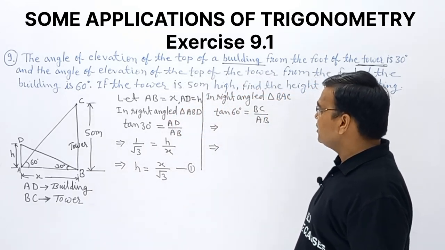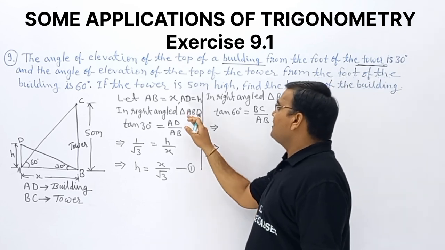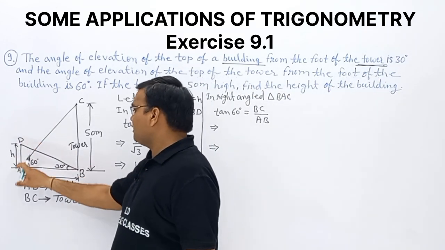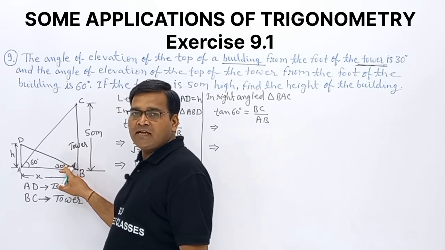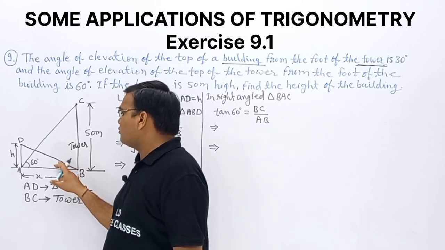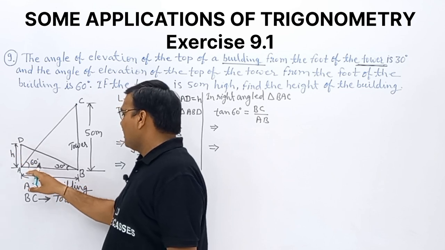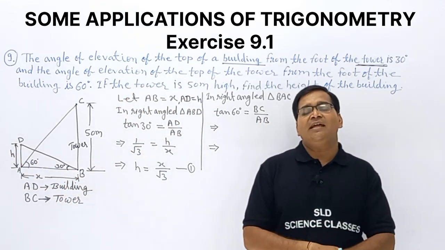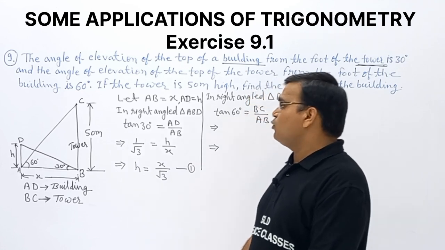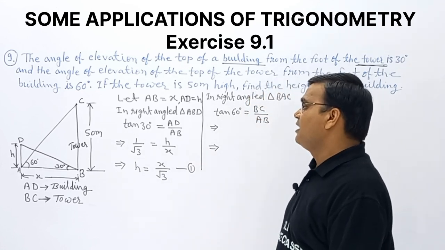Clear? Now in the right angle triangle ABD, the 30 degree angle is the angle of reference, the acute angle. Its opposite side will be the perpendicular and its adjacent side is the base. So in this right triangle we have perpendicular and base values.